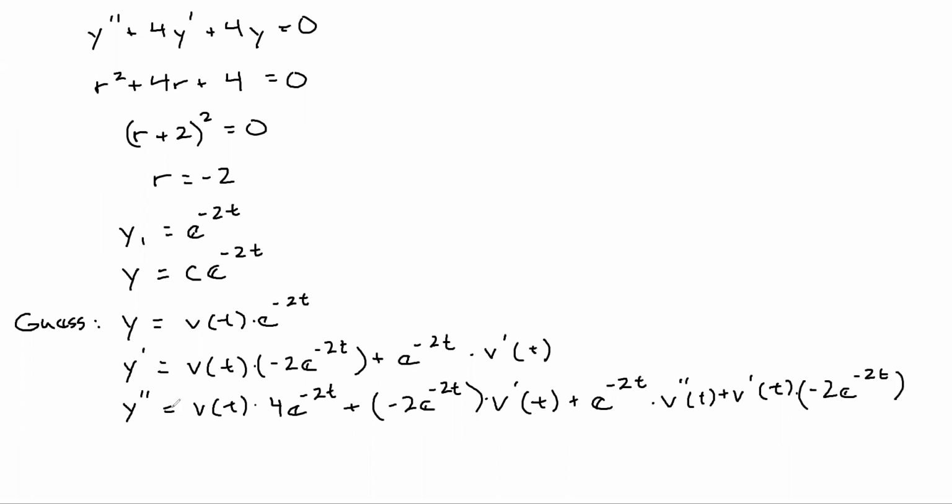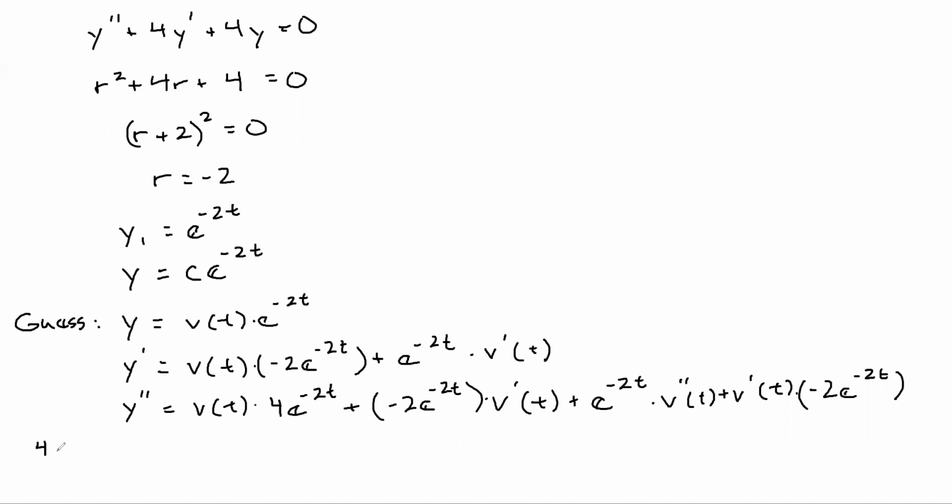All right, and then once we've got our three formulas here, we're just going to pop them into our original equation and see what happens. All right, so y double prime is this. There is a simplification step you can do here where you've got negative 2e to the negative 2t v prime, and there's a second one there. So I'm going to go ahead and combine those while we're simplifying here. So we're going to have 4, and I'm going to shorten this and get rid of the parentheses t just for a little shorthand to save some space.